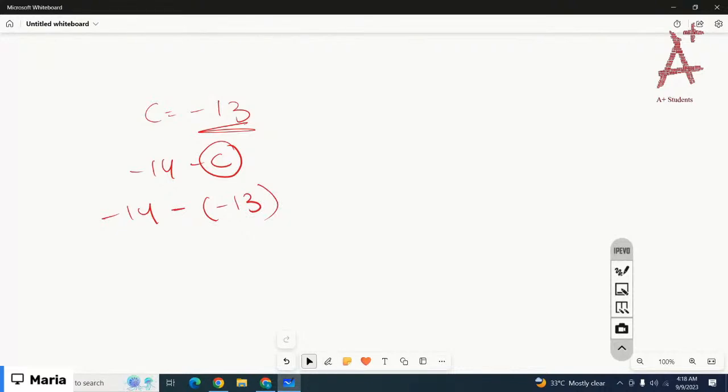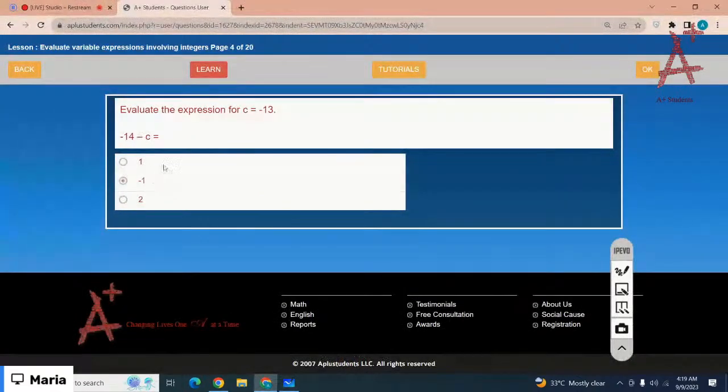So subtracting a negative integer is same as adding, right? That is a very important thing. That would be negative 14 plus 13. So 14 is the number with greater magnitude that has a negative sign. The answer must have a negative sign and you have to subtract them, it would be negative 1, right?